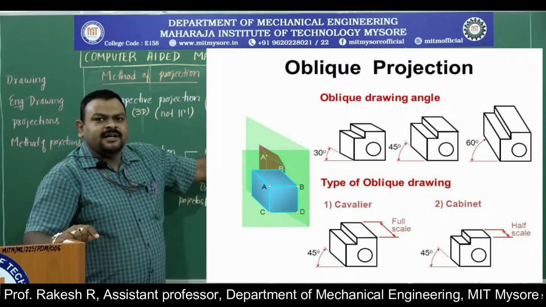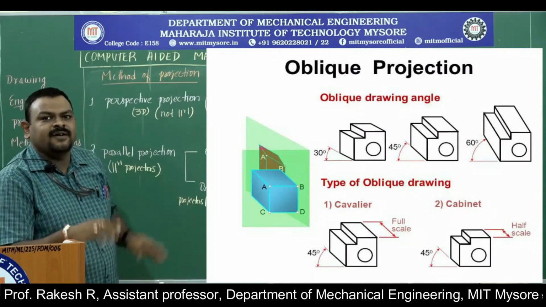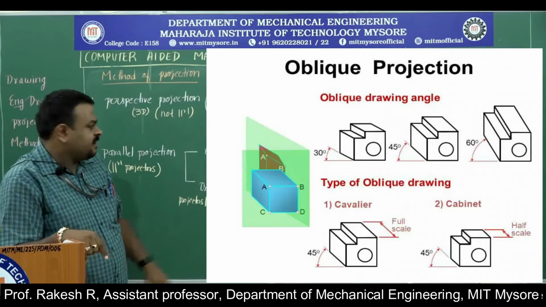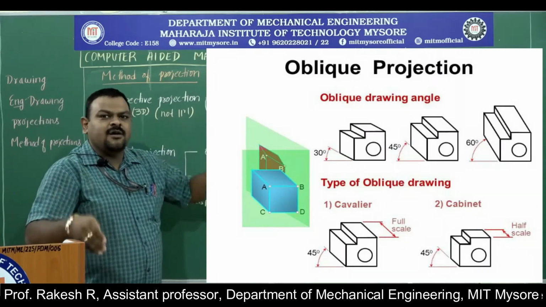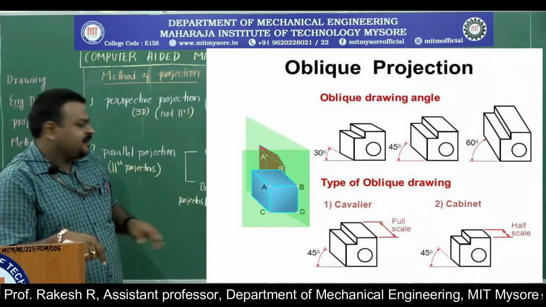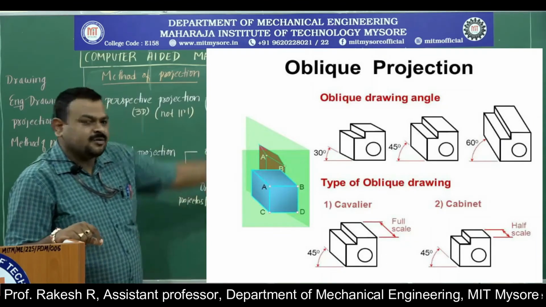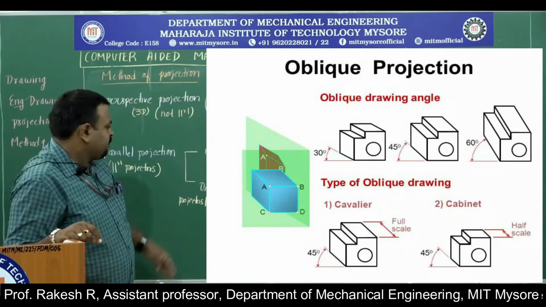Cavalier is full scale and one of the planes is inclined to 45 degrees. Cabinet is half scale and one of the planes is inclined to 60 degrees. Military gives different inclinations. Those figures are shown there.